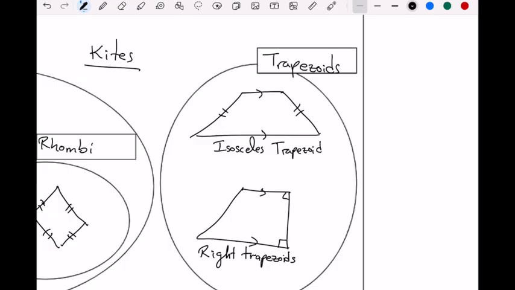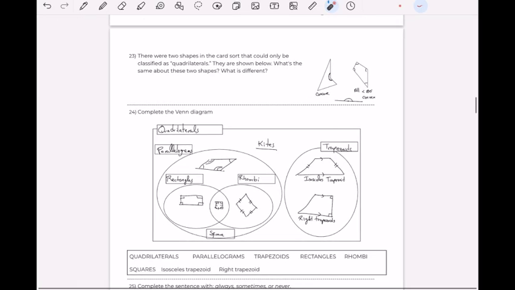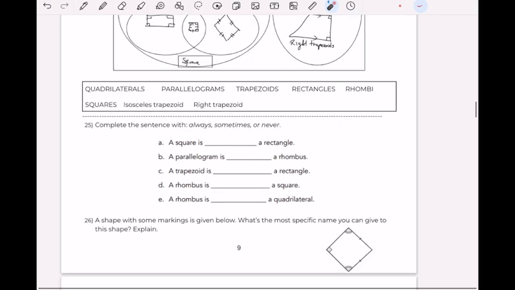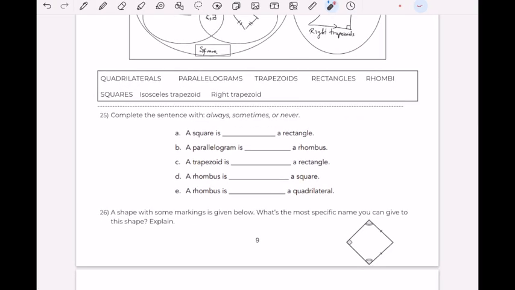That the non-parallel sides create, one of the non-parallel sides makes a 90-degree angle with the parallel sides. So this is an isosceles because I have 2 congruent sides, and this is a right because I have a 90-degree angle.